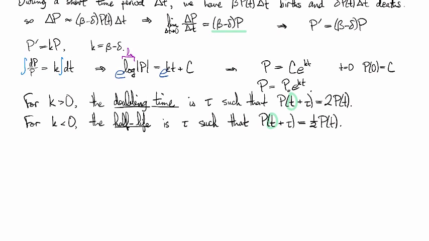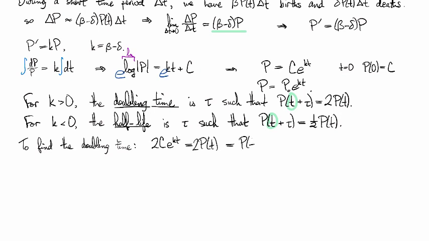So let's see. To find the doubling time, we look at when the population has doubled. So that's twice what it started as, so 2 times P of t. And this is supposed to equal the population evolved forward by time tau.